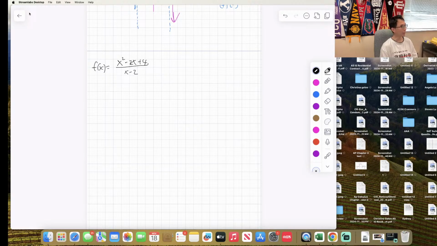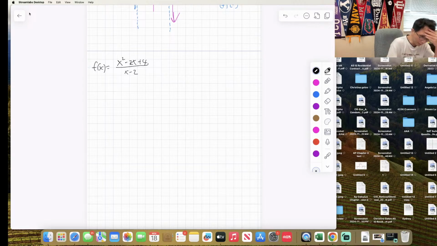Can we factor the top? Are you sure? How do we factor the top? I don't think it's factorable, because there's no way 4 and 1 and 2 and 2 gives me a -2 in the middle. So it's not factorable.